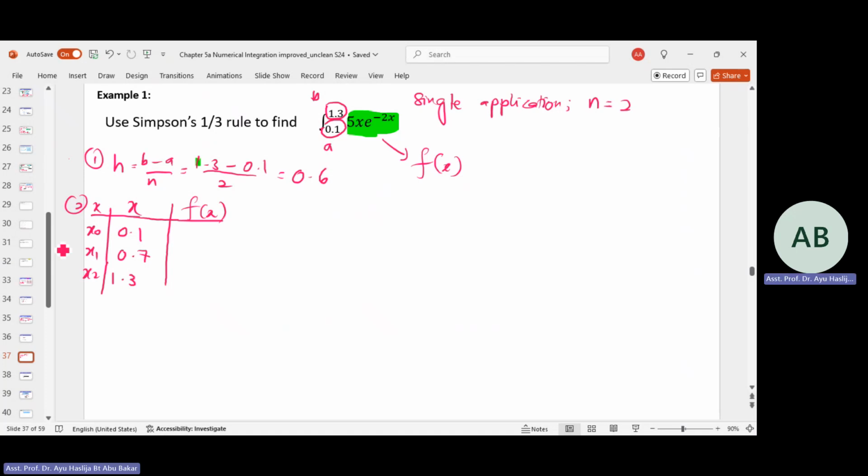What is fx1? fx1 is 0.8631. How about fx naught?